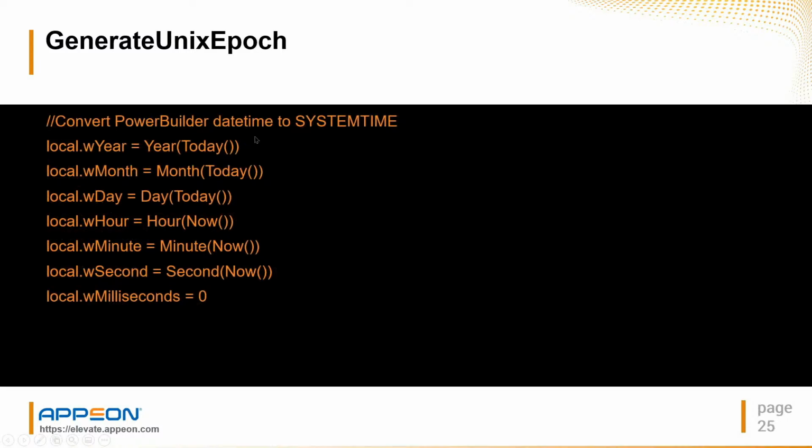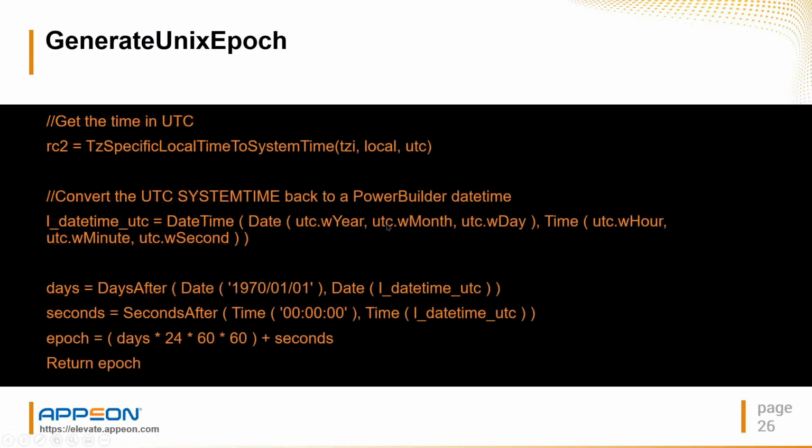I get the current time as far as the computer knows in the local time zone, and I assign it to this system time structure. And then I do the conversion. So I'm passing in the local time, and I'm telling it this is my local time zone.